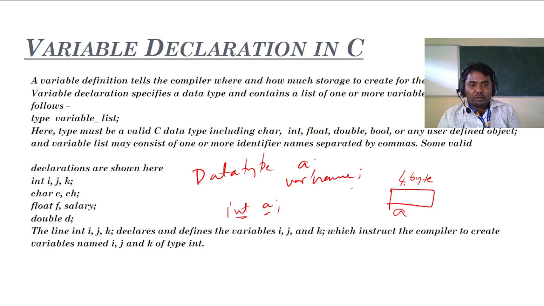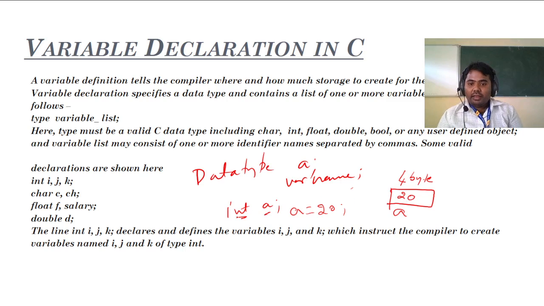The size of the memory location is 4 bytes, and the name to identify this memory location is a. I can store a value also. If I store a is equal to 20, this 20 will be put inside the created memory block. Now the value of a is 20.